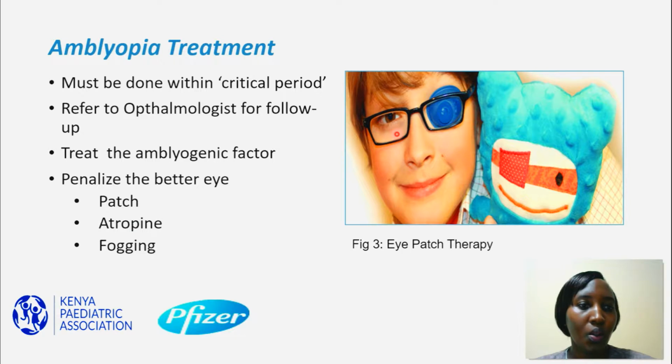Other options include using atropine and fogging, but the principle is the same: you encourage the eye with the amblyopia to be used more than the good eye, and that stimulates normal visual development, as long as it is within the critical period.